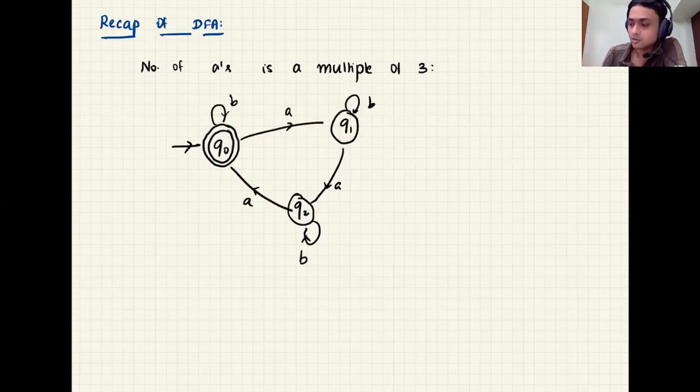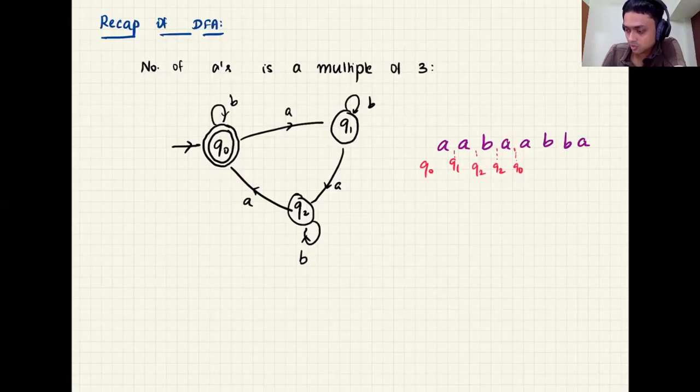So for example, just quickly, a, b, a, b, b, a, say. I start at q0. Here I have seen 1 a, so the number of a's modulo 3 is 1 and I'll be at q1. Here I'll go to q2. Here I'll stay at q2 because it's just 2 a's I've seen so far.